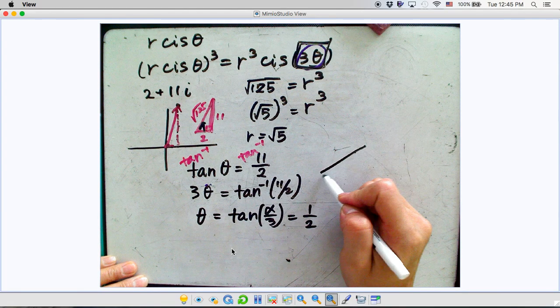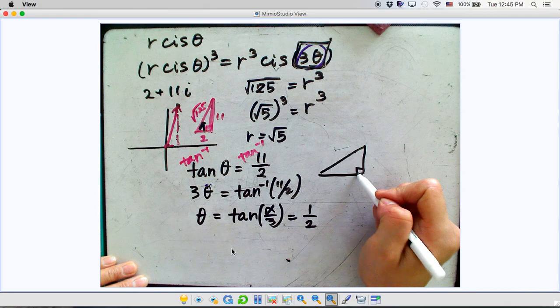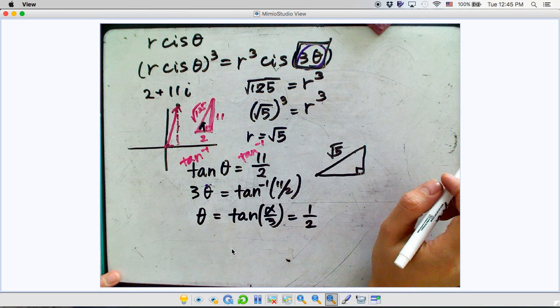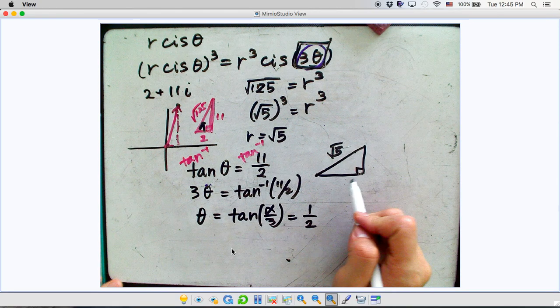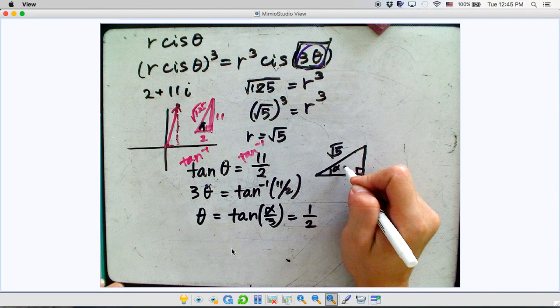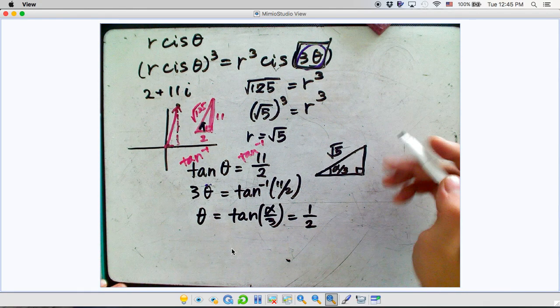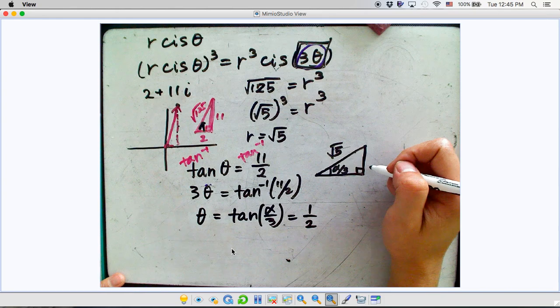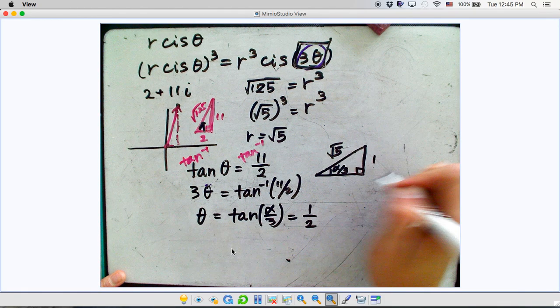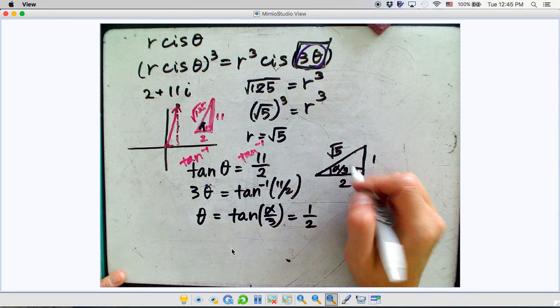Because we have this right triangle with hypotenuse square root of 5, then alpha over 3 has legs 1 and 2, because 1 squared plus 2 squared equals 5.